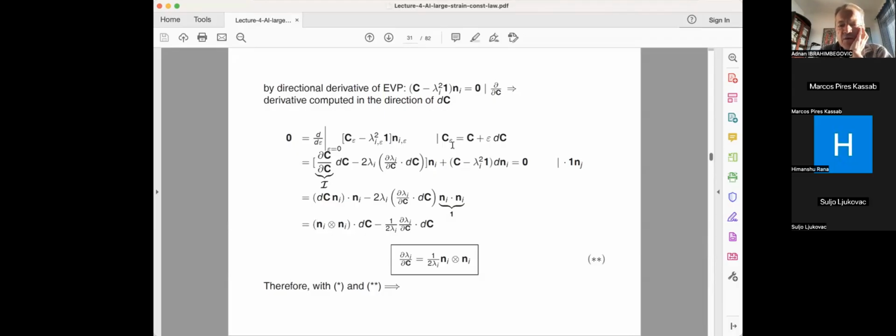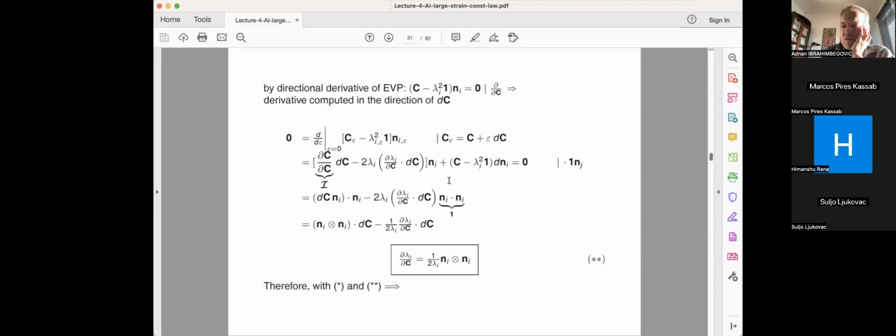Epsilon often is used for a very small parameter. So this is C plus epsilon times dC, like an increment. Then I can take this one to be dC. This is the fourth order identity tensor times dC, minus the derivative of this, which is 2 lambda times the derivative of lambda with respect to C dotted with dC, and this one will be N I. Then I dot this with identity N J.